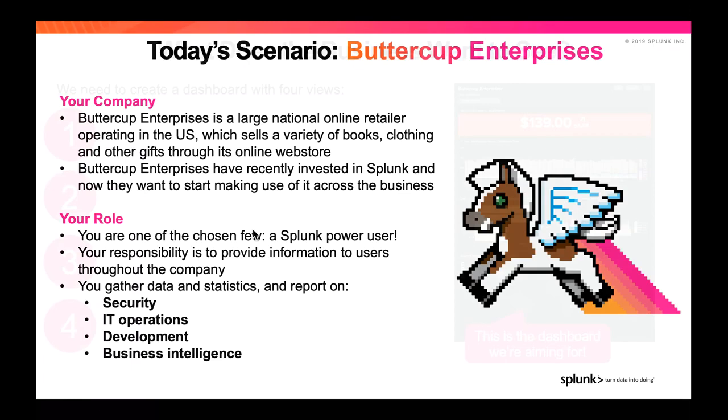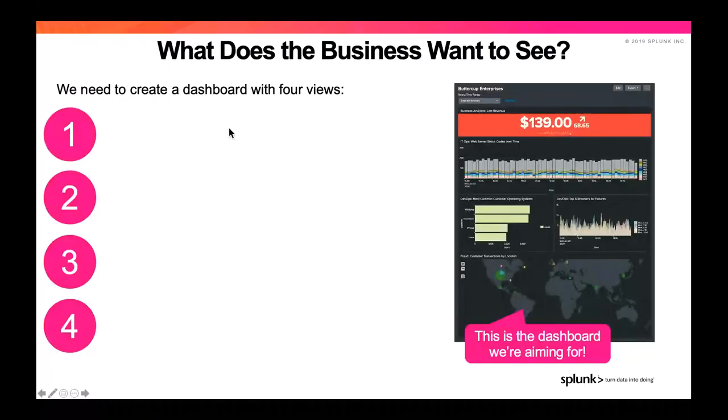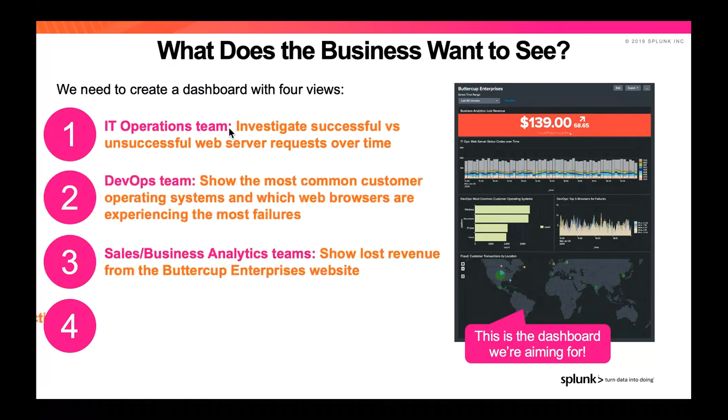So what we will do here, we will basically create various dashboards for all those different use cases. IT operation, you want to investigate successful versus unsuccessful web server requests over time. DevOps team, you want to show the most common customer operating system and which web browser are experiencing the most failures.